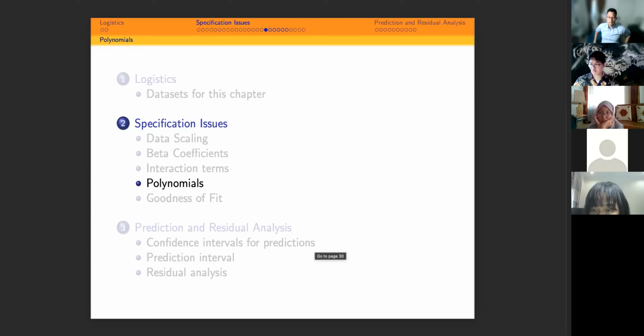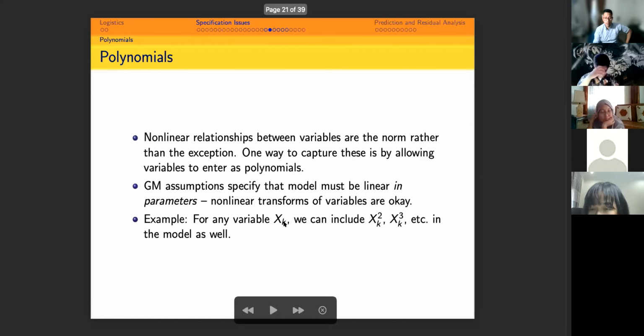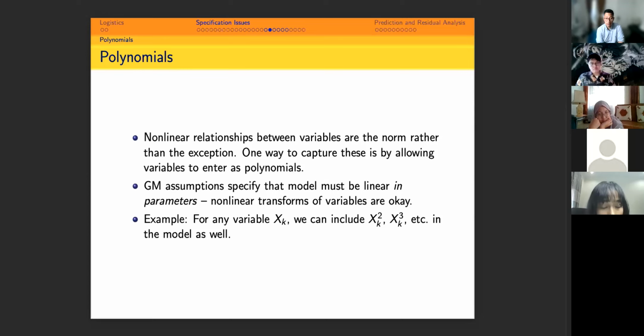It's very interesting, and we're going to see how we deal with the presence of nonlinear relationships, and how we go about it in Stata. Again, nonlinear relationships between variables are actually the norm rather than the exception. So one way to capture these is by allowing variables to enter as polynomials.